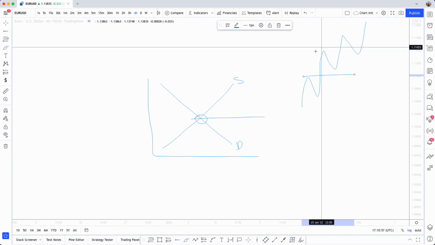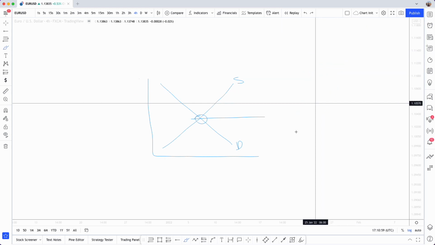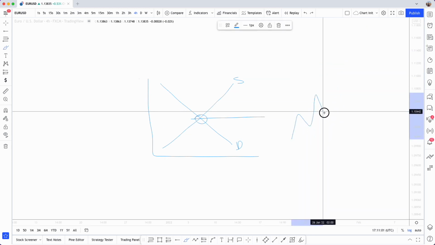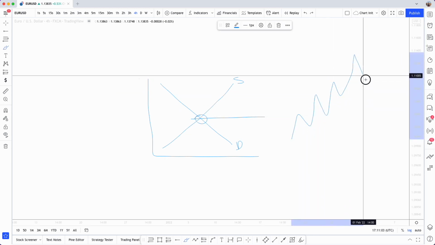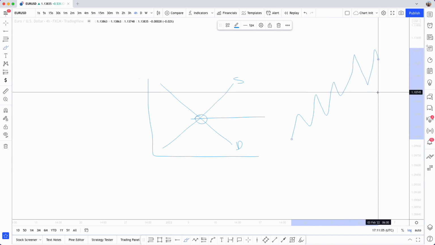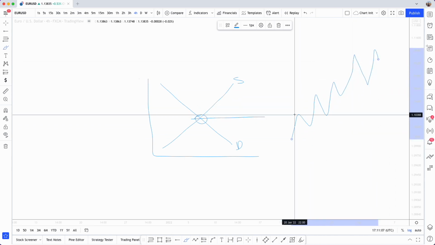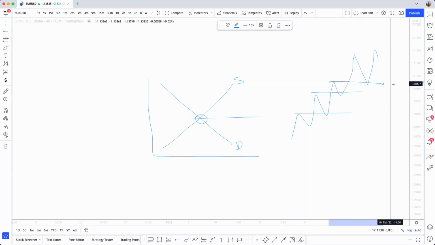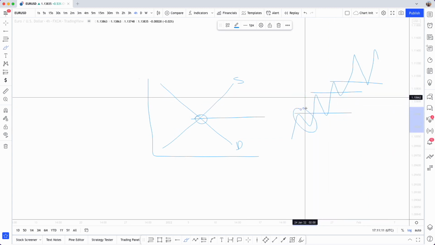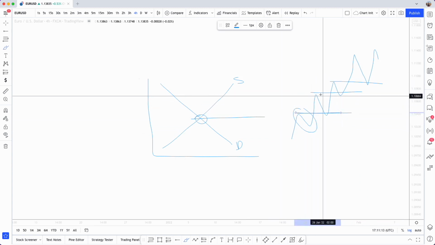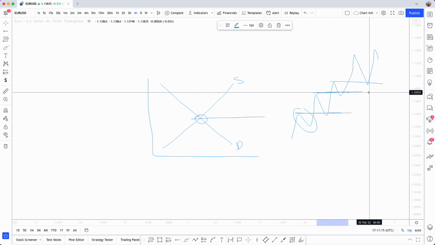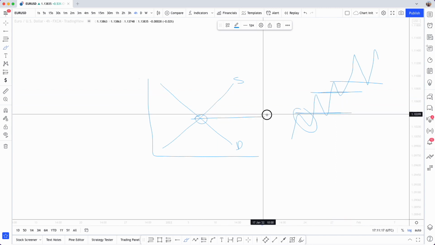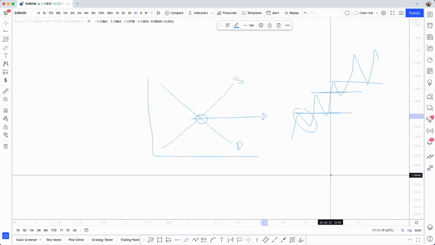Price is, you know what, that's a very bad description. Hold on. There we go. Okay, so in this case what we have is price is moving perfectly, there's a perfect amount of supply and demand, and there's no imbalance in the pricing.